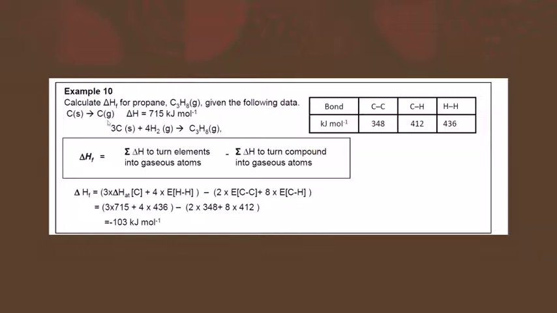Now in this question, find the enthalpy change of formation of propane, C3H8, given the following data. The energy to convert solid carbon into carbon gas is given as 715.